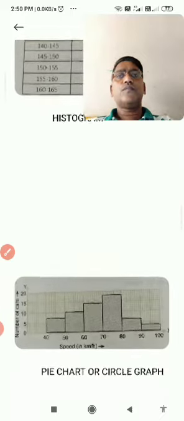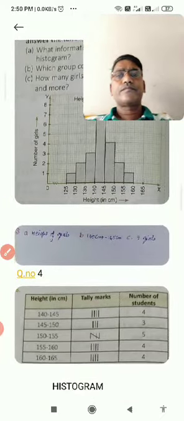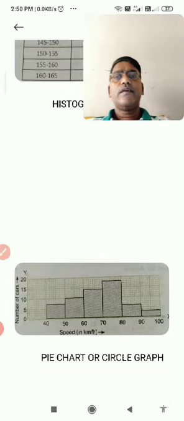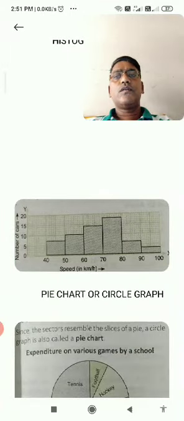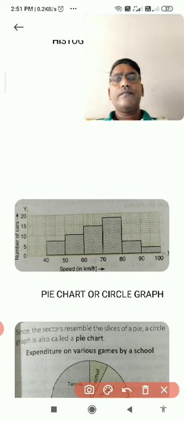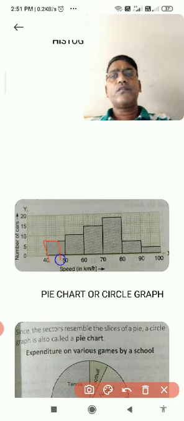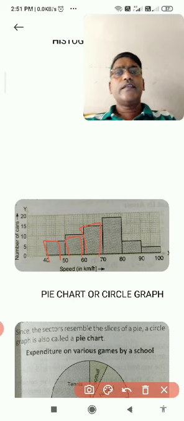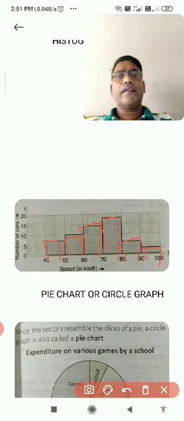See, you observe this one. This is the graph. You observe this. Given according to that, 40 to 50, then 50 to 60, then 60 to 70, then 70 to 80, then 80 to 90, 90 to 100.